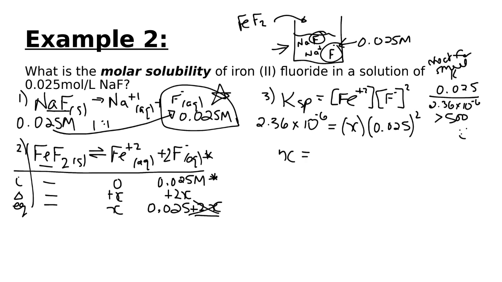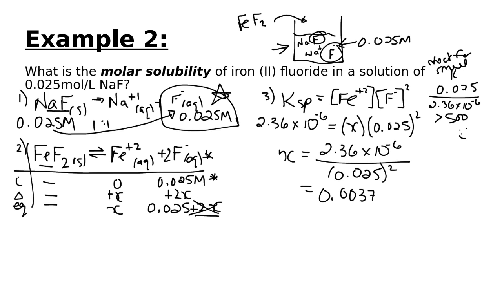X is equal to 2.36 times 10 to the negative 6, divided by 0.025 squared, and we get an X value of 0.0000378 molar.